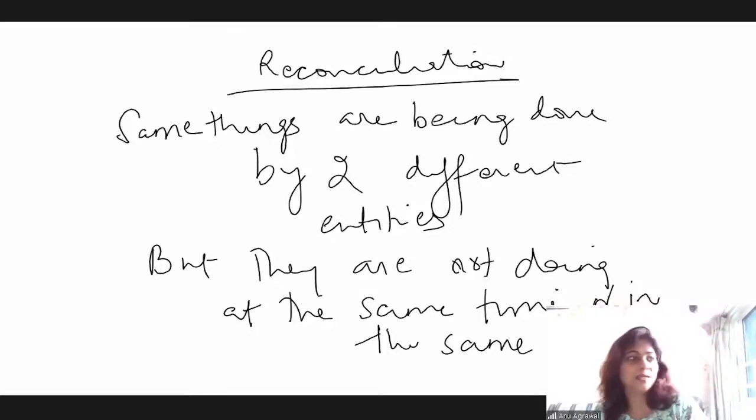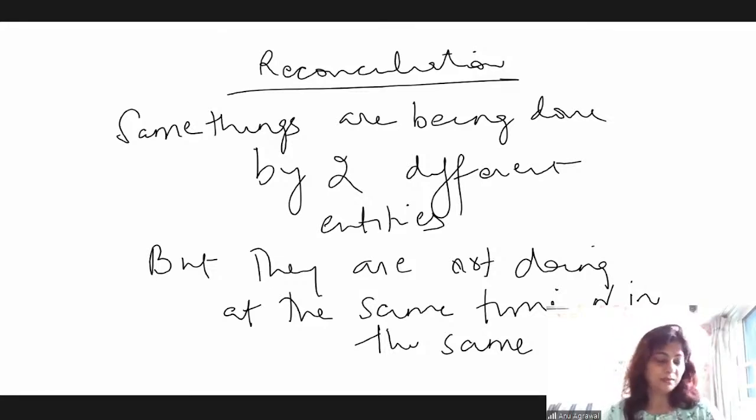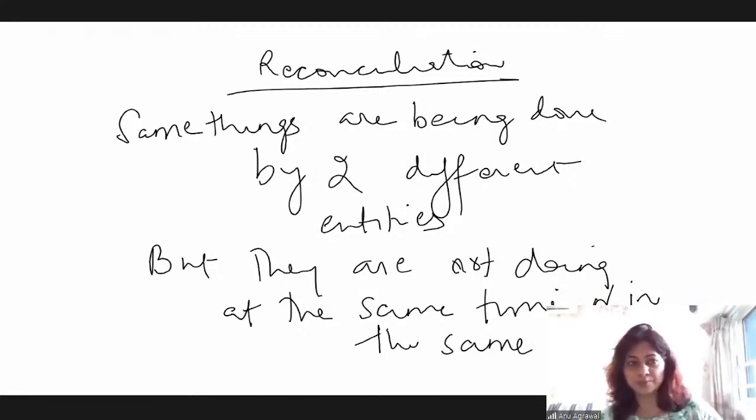Simple. Reconciliation can be between two sister concerns. Now, I am sending goods to another concern, and the other concern is receiving it. If I show an entry that I have sent goods, the other concern should make an entry that they have received the goods. But because of a timing difference, I have made an entry, but the other entity has not made the entry. So what is going to happen at the end of a month or a year?